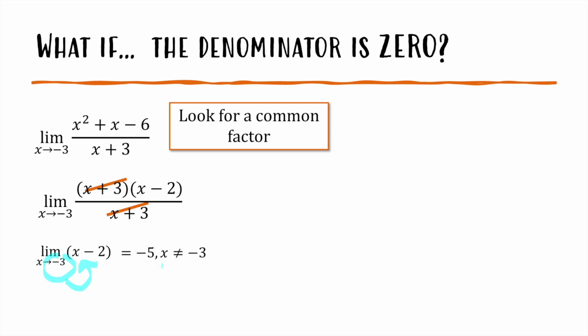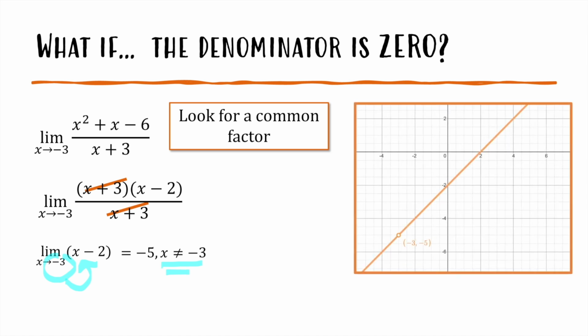But keeping track of the fact that x cannot equal negative 3. And if you graph that, see there's a hole right there at negative 3. But looking from the left and looking from the right, the graph is approaching negative 5.